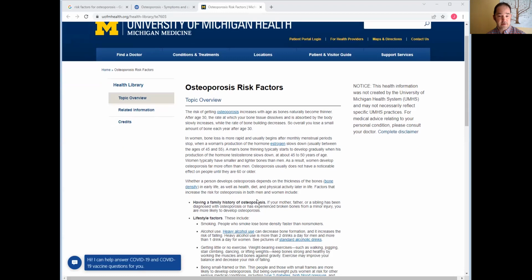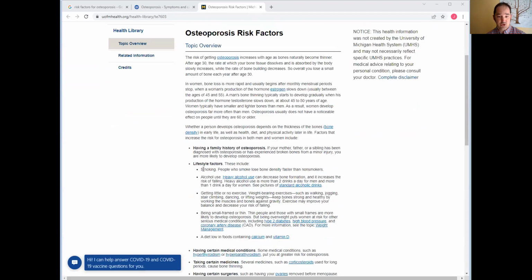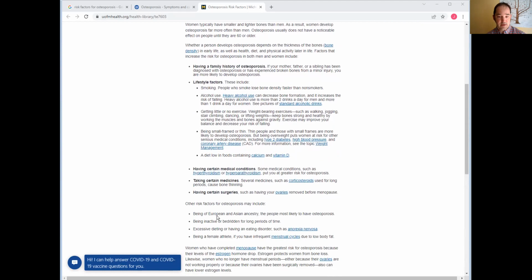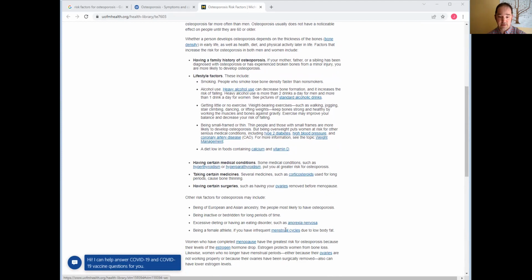So genetics, having a family history of osteoporosis, smoking, alcohol use, not doing weight-bearing exercise, being a small or thin person, not consuming calcium and vitamin D, being hyperthyroid or hyperparathyroid, taking certain medicines like corticosteroids, having surgeries like ovaries removed, being of European or Asian ancestry, being inactive or bedridden, excessive dieting, or if you are an active enough female athlete that you've changed your menstrual cycle or became amenorrheic, that can influence osteoporosis as well.